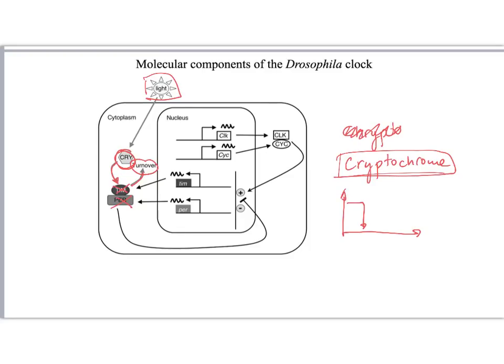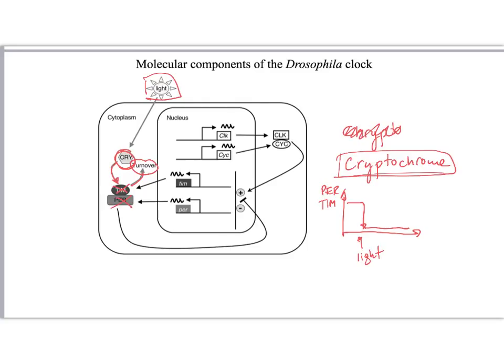Okay, so if this is PER protein and TIM protein levels, whenever you stimulate with light, because of cryptochrome that binds to TIM, then the levels will go down to 0. So this is interesting in itself.